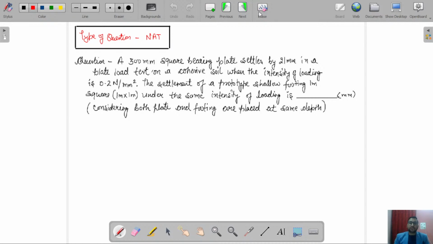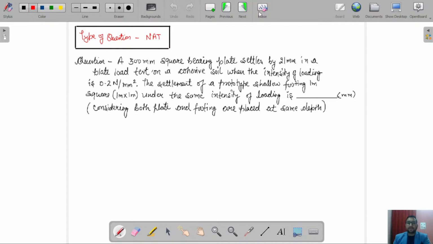Now this question is from the plate load test. Try this one. A 300 mm square bearing plate settles by 21 mm in a plate load test on a cohesive soil when the intensity of loading is 0.2 Newton per mm square.